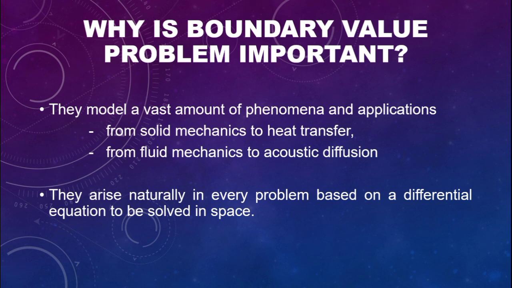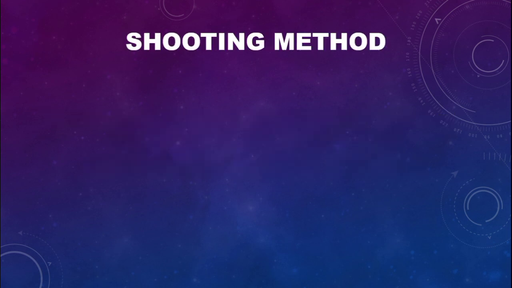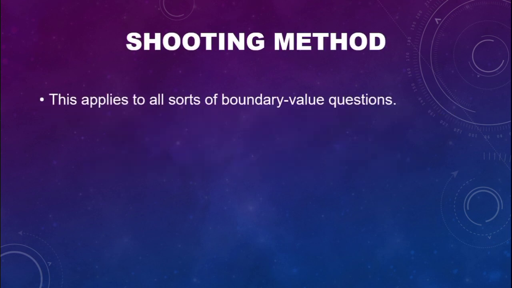Now, as you have known, there were two methods of boundary value problems, specifically the shooting method, and the second one is the finite difference method. But at this juncture, let me expound first the shooting method. So this approach applies to all sorts of boundary value questions. It is regardless of the shape of the boundary conditions.